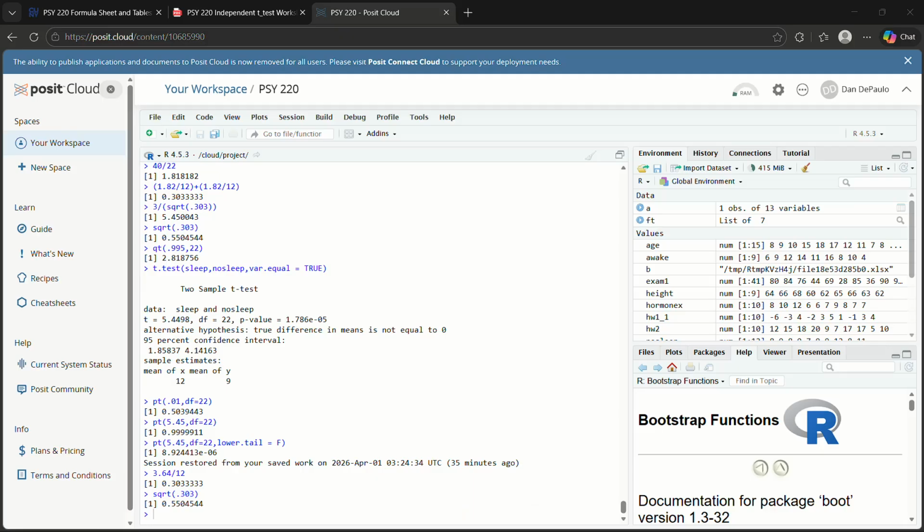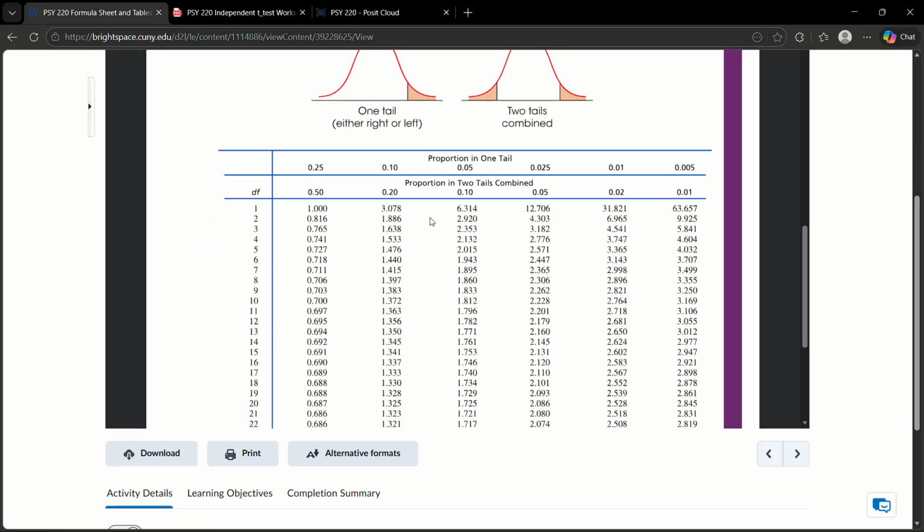So we go into our table. We want proportion and two tails combined. We want the bottom row here. We want this to be 0.01, which is all the way to the right, and we're going to go down to 22. This right column, this bottom row, two-tail p-value, alpha value of 0.01.